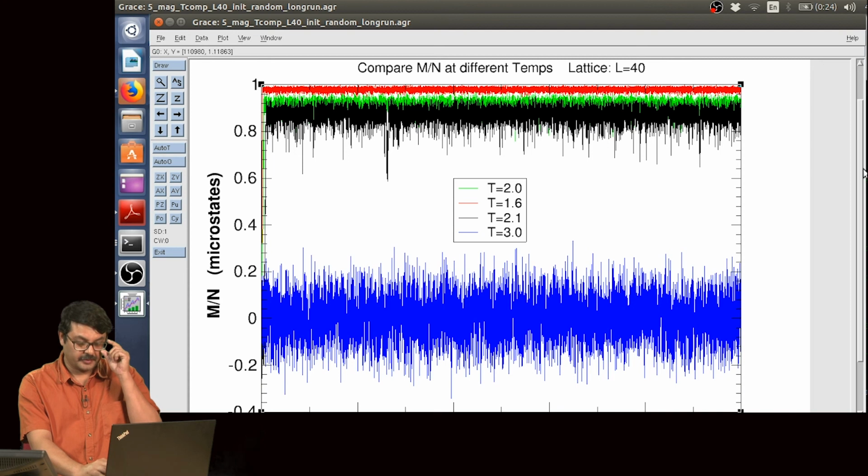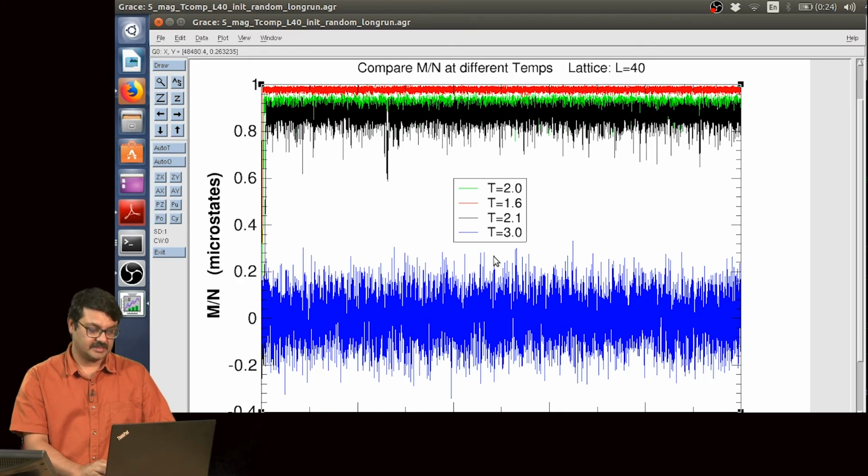And basically you have already seen data for T equal to 2.0, it is this green one and it fluctuates around 0.95. Now, if I plot the average magnetization per spin, that is the instantaneous magnetization for each microstate at T equal to 1.6, you see that it is even closer to 1, right.